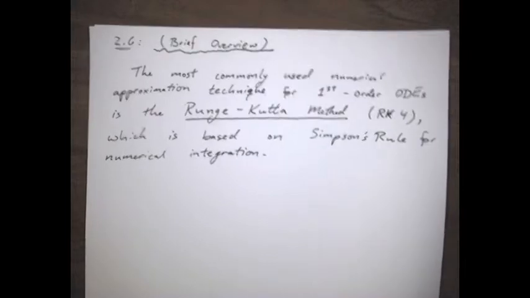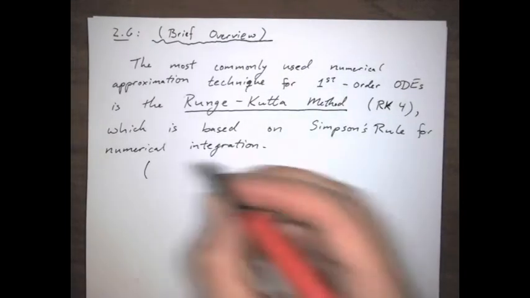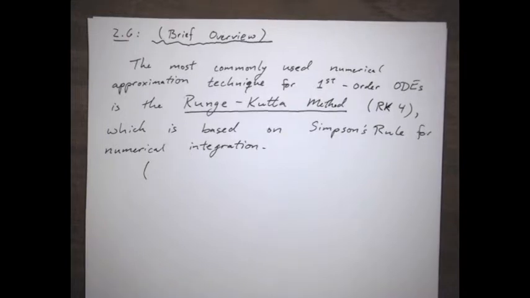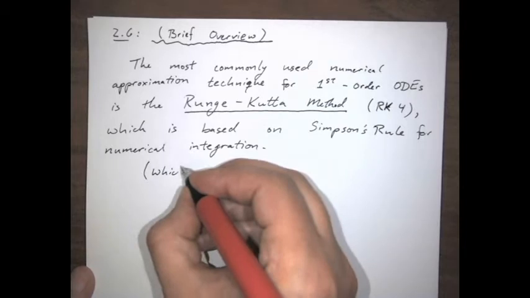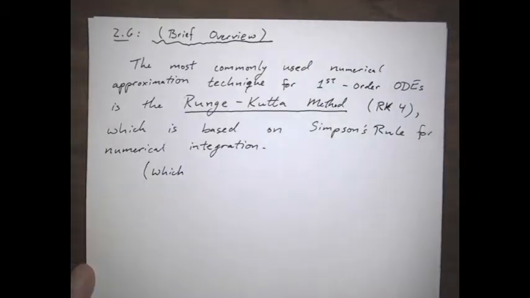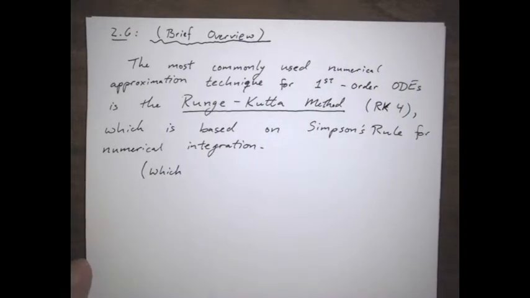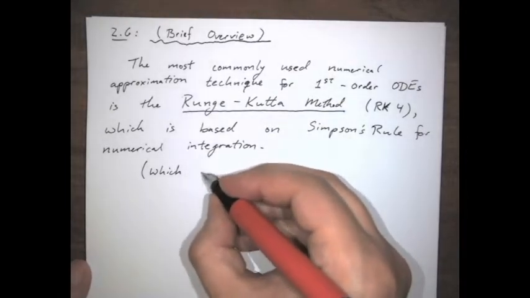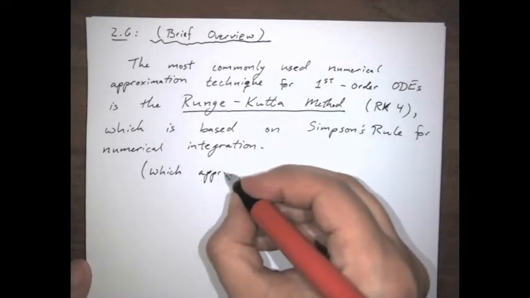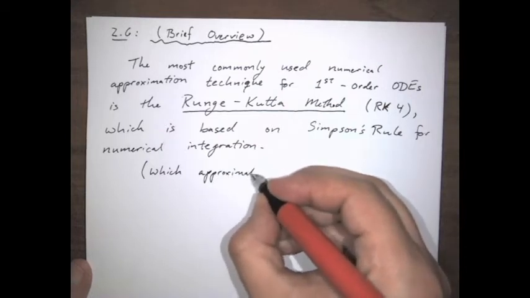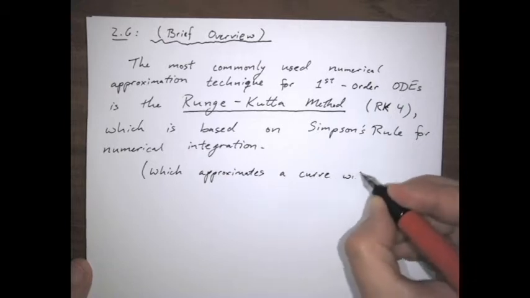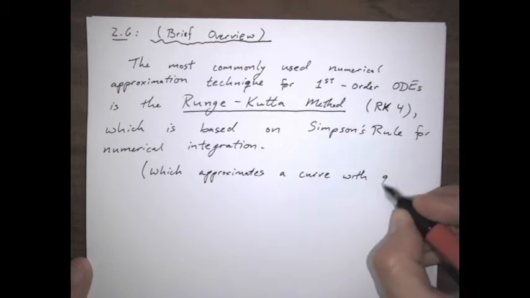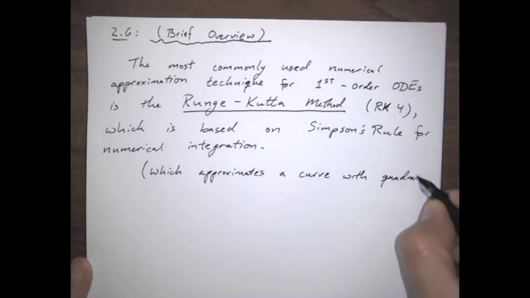And as a reminder on that, in case you either haven't seen Simpson's rule or it's been a while, the way that works is that it approximates a function with little sections, with little quadratic sections, little parabolic sections, which approximates a curve with quadratic sections.